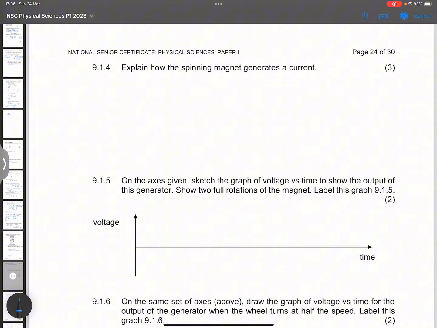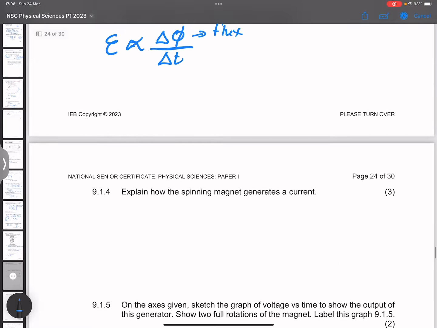They say explain how the spinning magnet generates a current. Very quickly, we know that when the magnet spins, it is going to change the magnetic flux. Exactly as we explained in terms of Faraday's law, it changes the magnetic flux as it spins.